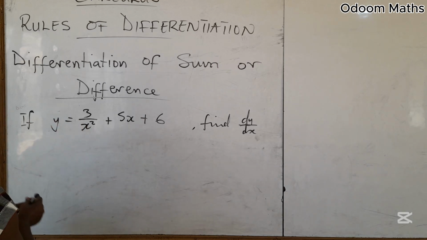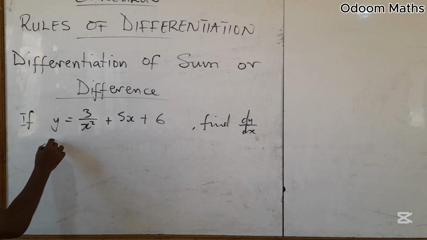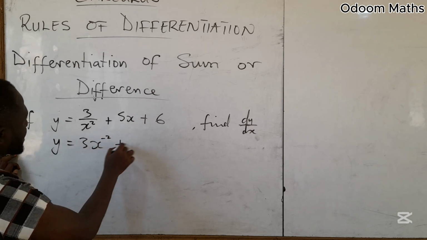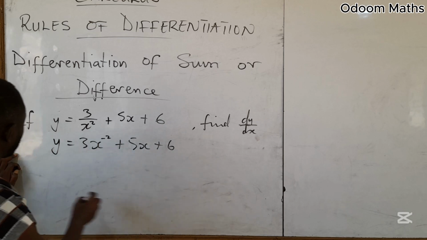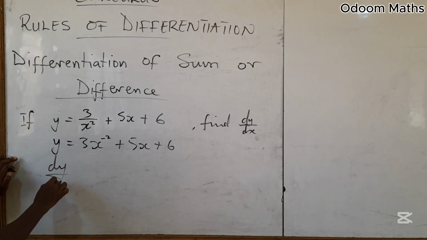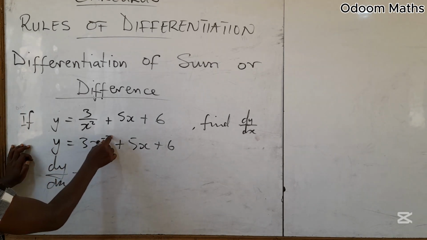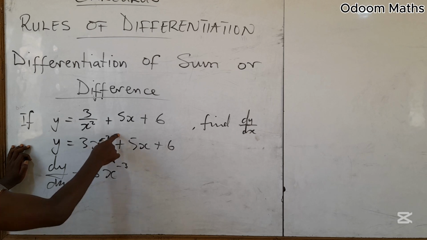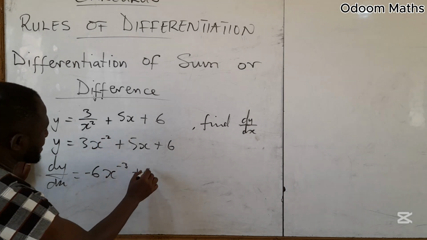Let's see. We can rewrite this as 3x to the power negative 2 plus 5x plus 6. So dy dx becomes negative 2 times 3, which is negative 6, then x to the power negative 3, that is negative 2 minus 1, negative 3, plus 5.